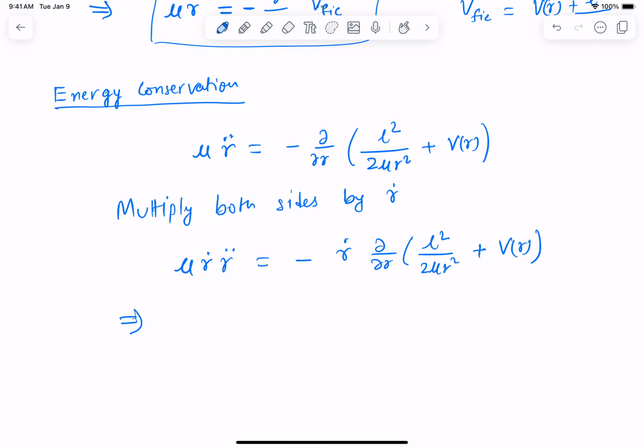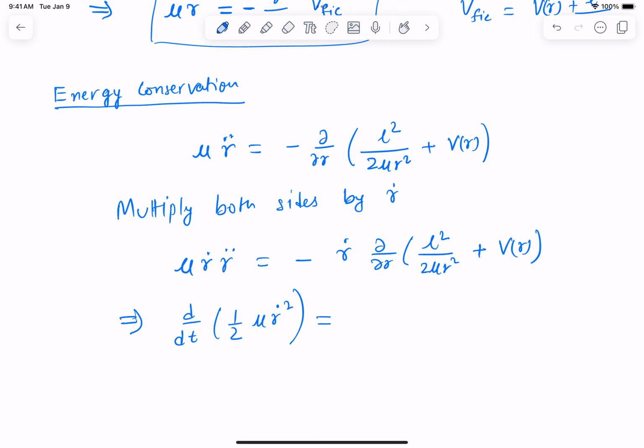Now you can check that mu r dot r double dot can be written as d by dt, the time derivative of half of mu r dot square.